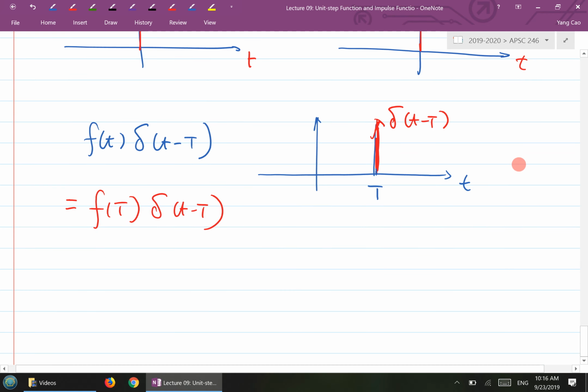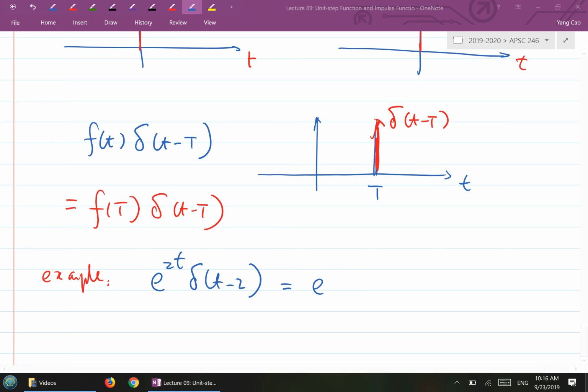Let's say I give you a simple example here. If we have e to the power 2t times delta t minus 2, and I want you to simplify it, what would you do? You will replace the t with what value? 2, right?